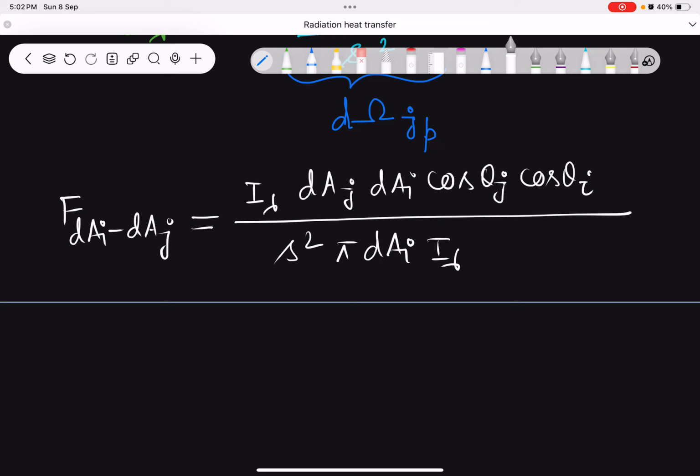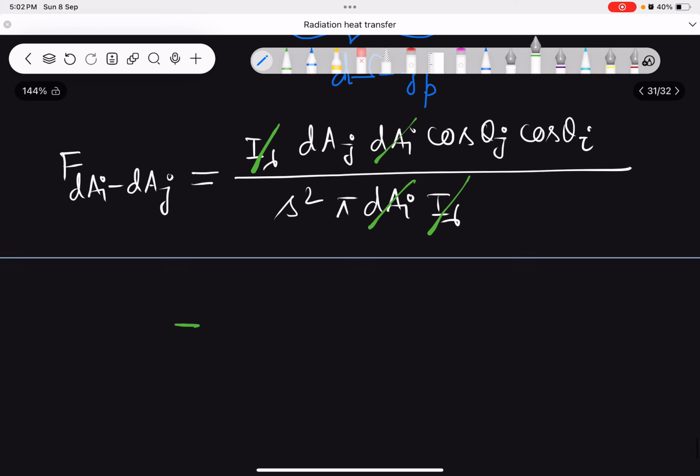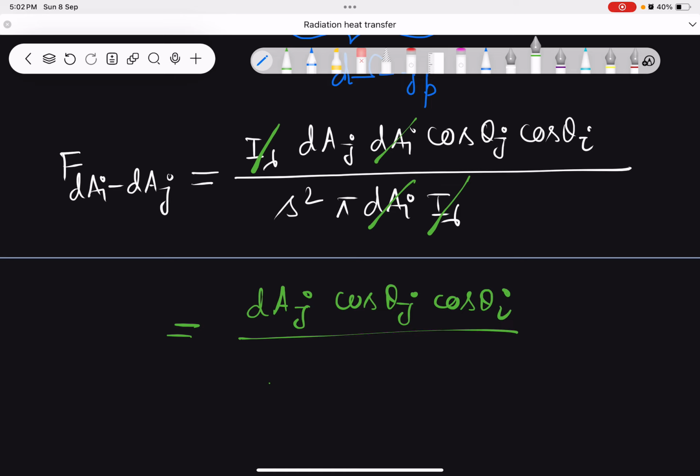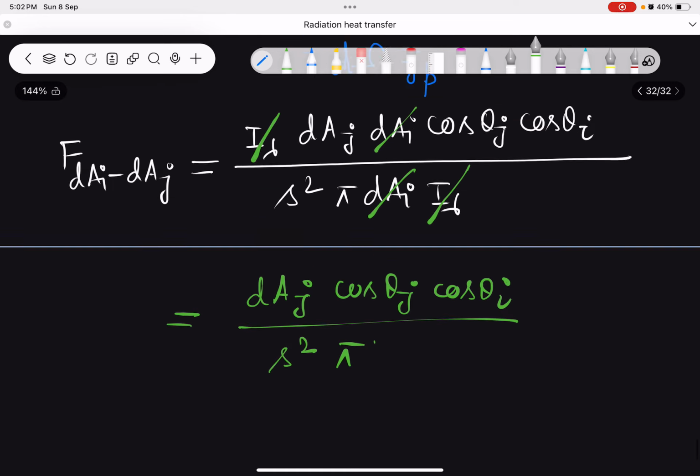This is the answer actually. We don't have any complication other than this. This we will cancel out, and dAi will be cancelled out. So this will be dAj cos theta j cos theta i by s square into pi. Clear? This is the answer.